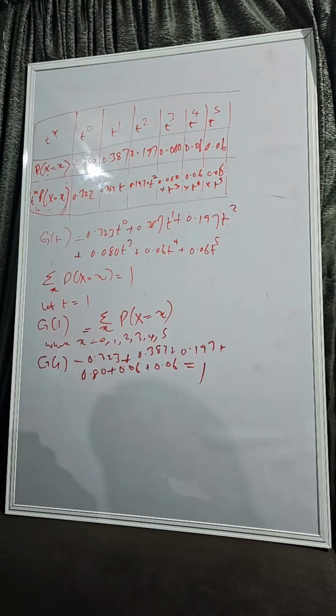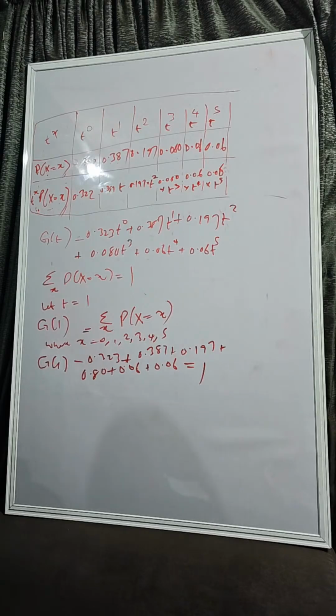I'm not used to this calculator. 149 plus 179 plus 91 plus 37 plus 3 plus 3, which is 462.